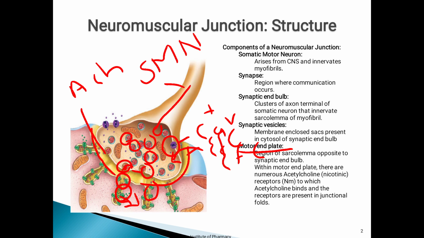And the last step in the neuromuscular junction is termination of acetylcholine activity. That is, acetylcholine bound to its receptor, the sodium channels opened, and sodium came in. Now acetylcholine will be degraded.